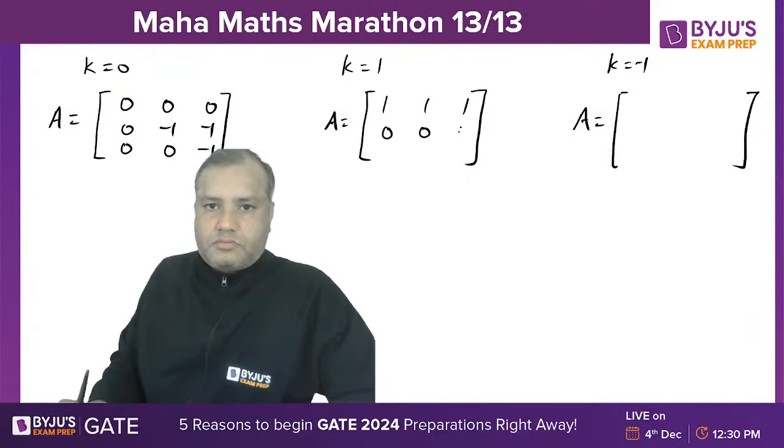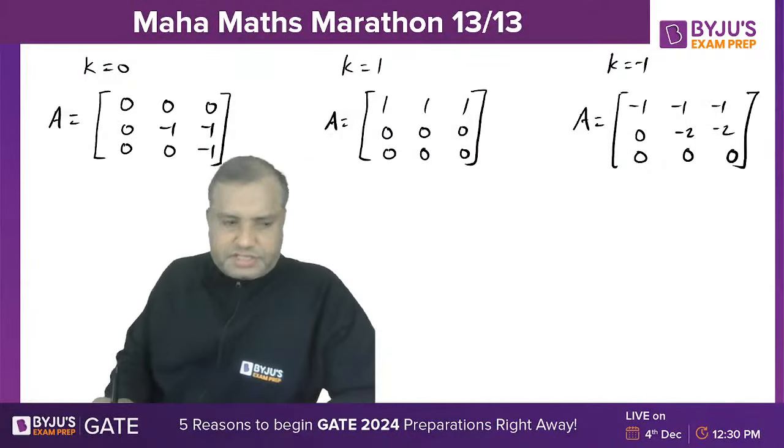Put K equal to minus 1: minus 1 minus 1 minus 1, 0 minus 2 minus 2, 0 0, minus 1 square is 1, 1 minus 1 is 0.